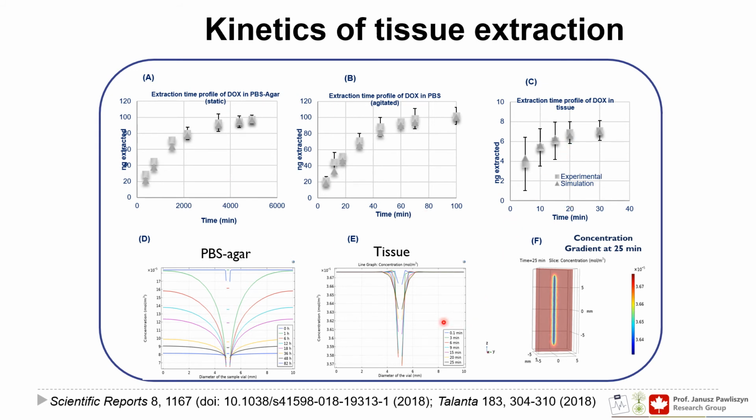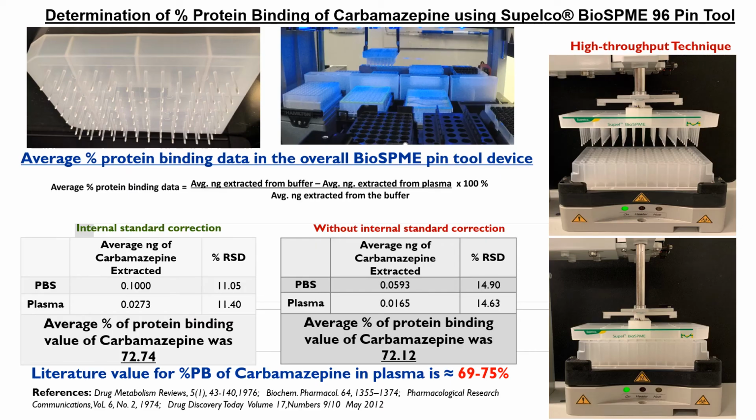The reason is that there are analytes available close to the fiber, which are bound to the matrix. As you can see, the amount extracted is of course much less in tissue, less than 10%, 7% or so. But most of the analytes are in tissue components located in the vicinity of the fiber, which are then available for the fiber to extract.